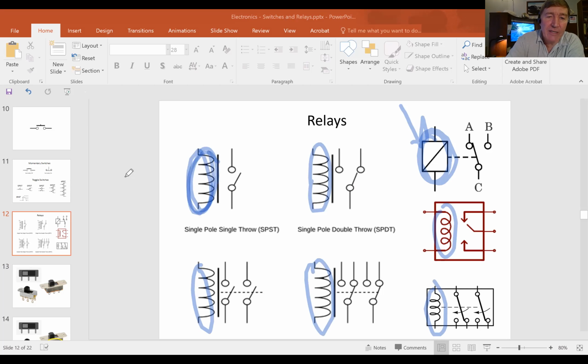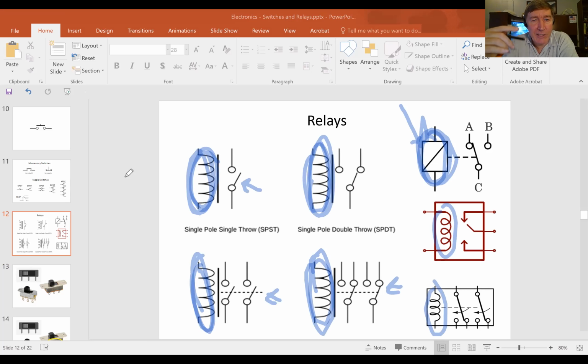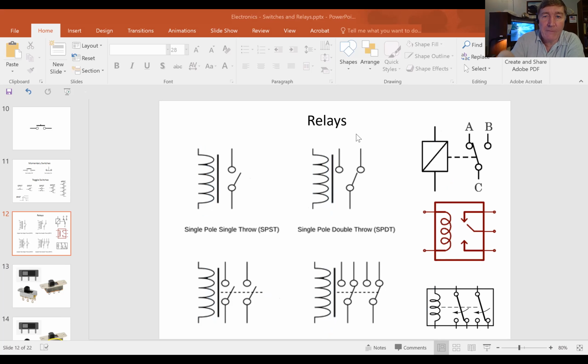So a relay is when you take an electromagnet and you hook it up in such a way that when you magnetize it, the switch either closes or opens, or it switches onto different paths. So relays come in SPST versions and SPDTs and DPSTs, all those different single pole, single throw things that we talked about with the regular switch. Well, those apply with relays as well.